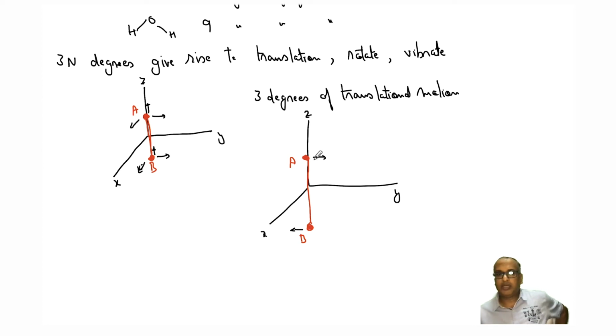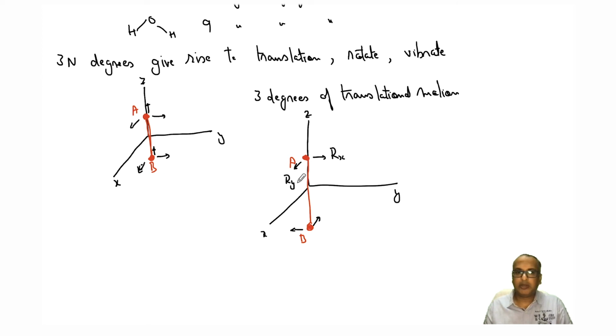If A moves in this direction and B moves in this direction, effectively they are rotating about the x-axis, right? So this is one rotational degree of freedom, right? Similarly, if A moves in positive x-axis and B moves in negative x-axis, this will move with respect to the y-axis, right? So this is rotation about the x-axis.